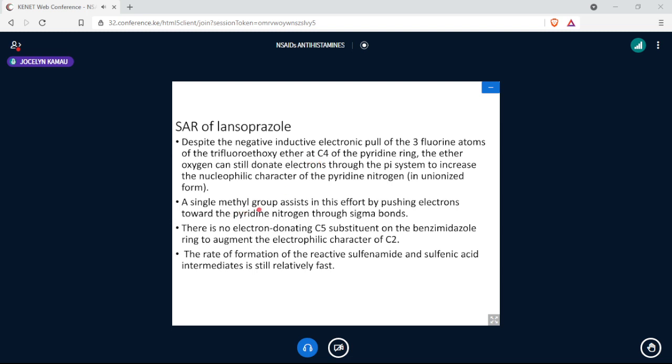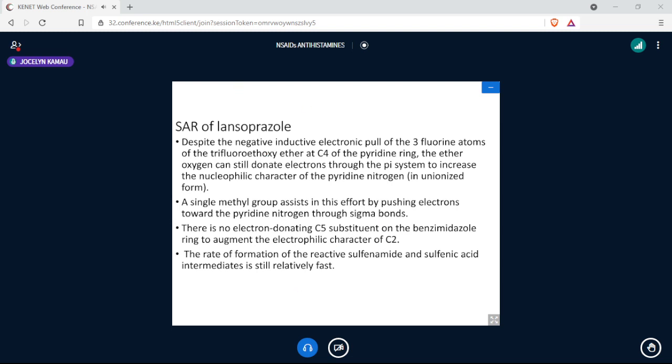A single methyl group assists in this effort by pushing electrons. We had mentioned methyl groups push electrons through positive inductive effect. So those are the two roles, the explanations of the groups that we have there. There is no electron donating carbon-5 substituent of the benzimidazole ring to augment the electrophilic character of carbon-2. The rate of formation of the reactive sulfonamide and sulfonic acid intermediates is still relatively fast for lansoprazole.